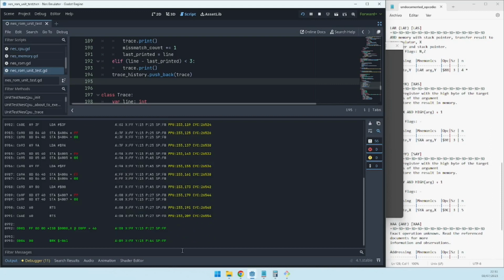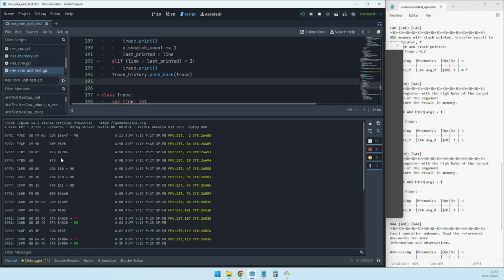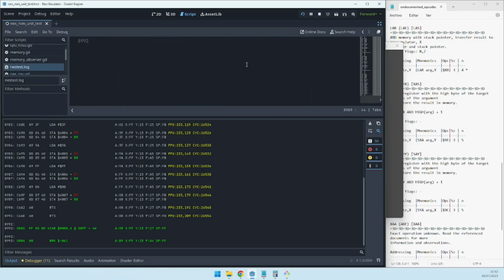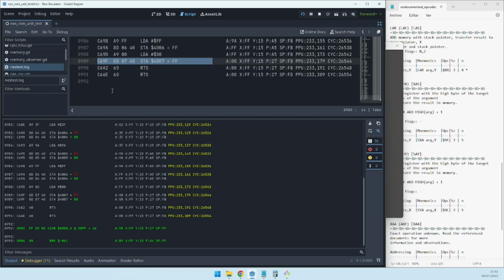So we have two instructions after the end of the file that don't exist in the log file. NES log, I want to see the log file. And the 91 matches RTS. Yes, it matches.